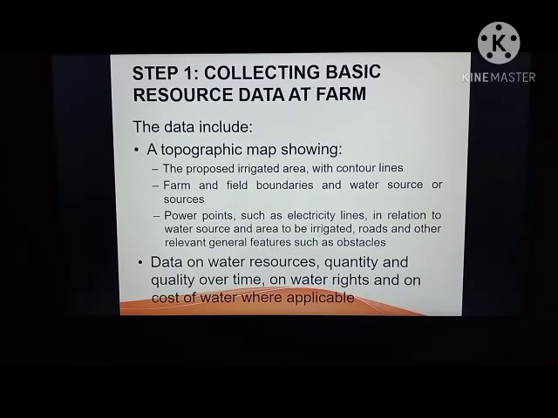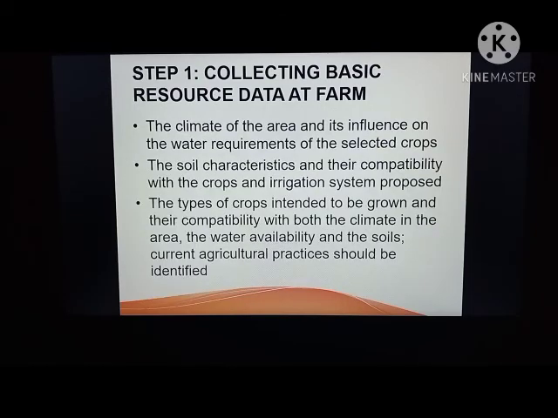The data includes a topographical map showing the proposed irrigated area, the farm and field boundaries, and the water source or sources; power points such as electrical lines in relation to the water source and the area to be irrigated; roads and other relevant general features such as obstacles; data on water resource quantity and quality over time, on water rights, and on cost of water where applicable; the climate of the area and its influence on the water requirements; the soil characteristics; and the type of crop intended to be grown and its compatibility with the climate in the area.